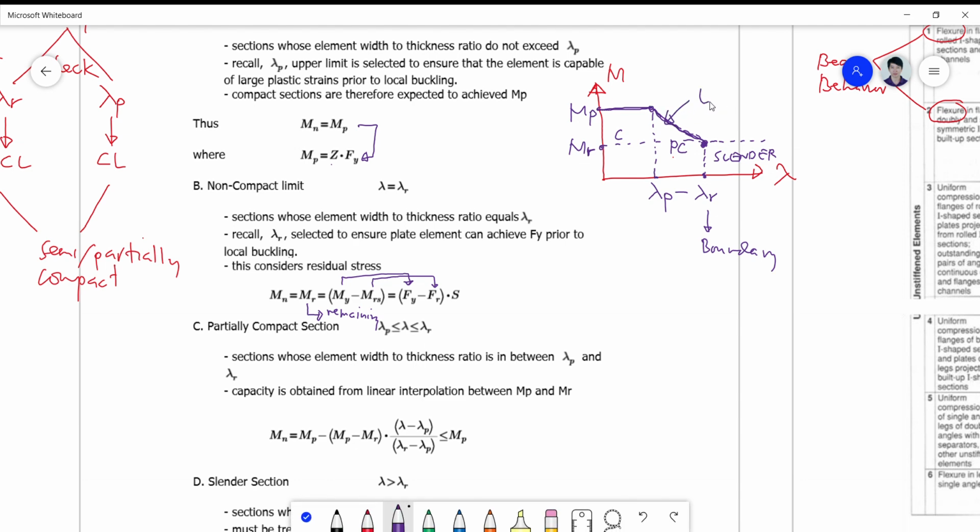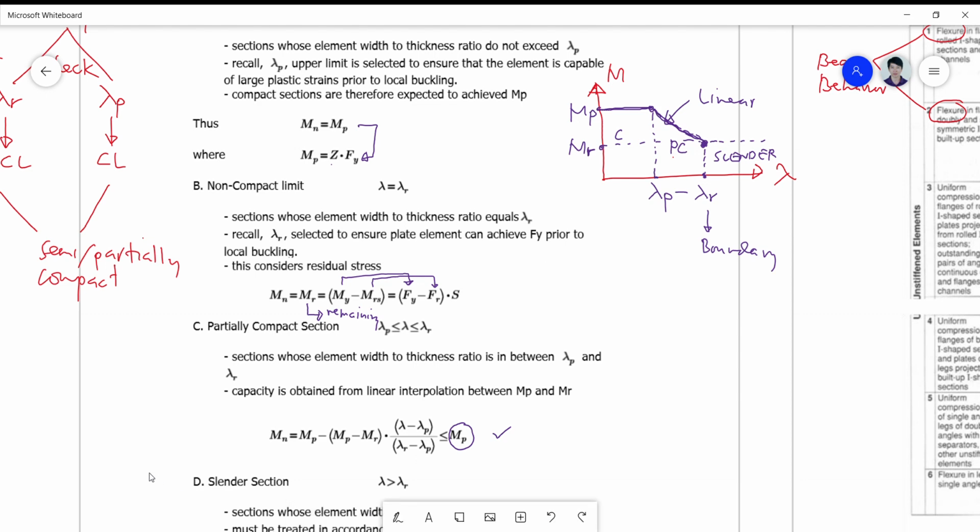Okay, so this is linear, and therefore it can be solved on the basis of ratio and proportion, or simply linear interpolation between Mp and Mr. So this is now your linear interpolation formula using a simple ratio and proportion. Okay. Of course, this interpolation should not exceed the value of Mp here to prevent overestimating your nominal moment.